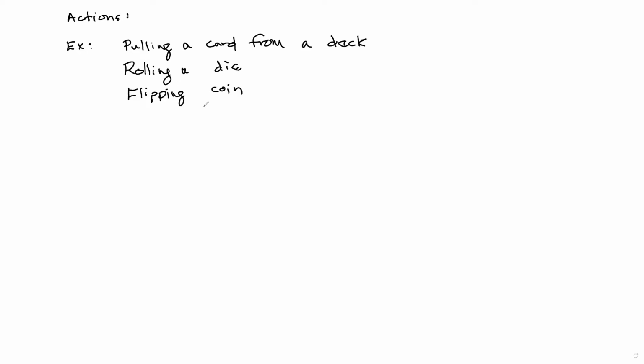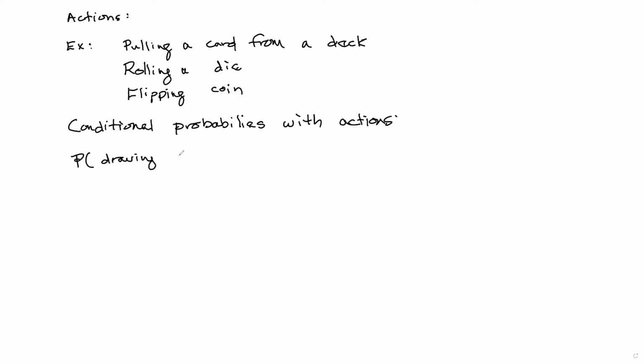So we can calculate probabilities with these things, and we can calculate conditional probabilities. So let's look at some conditional probabilities. We already talked about one, the probability of drawing an ace given that you've already drawn an ace.